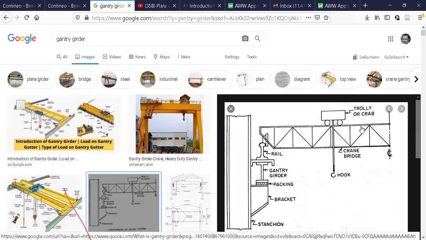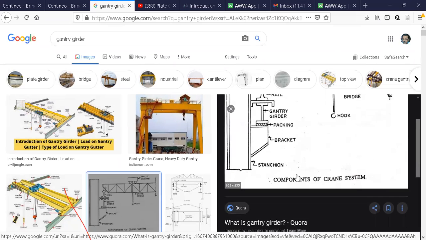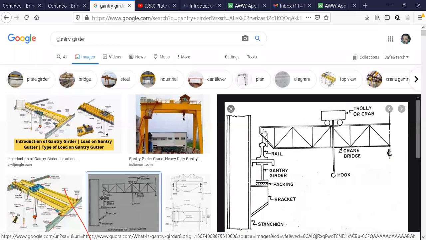How much percentage of the weight of the hook, the weight of this trolley, or the weight of this particular big heavy box which is to be lifted should be considered for this dynamic moment? Because it is continuously moving. It is called a surge load. So all those extra things will come in this design now, because the load is not stationary.